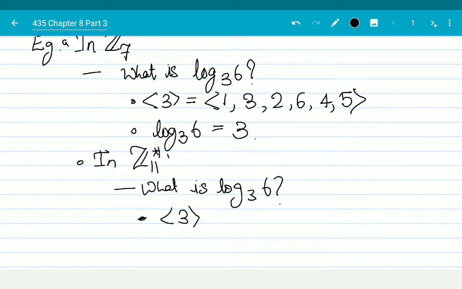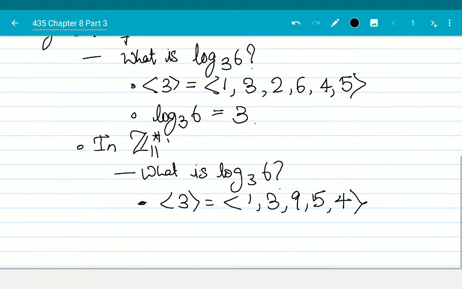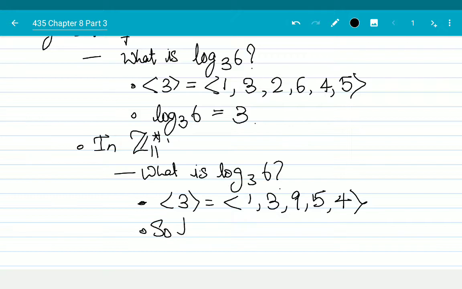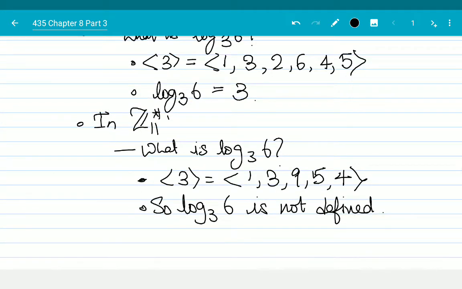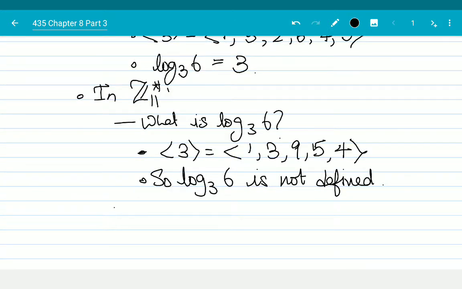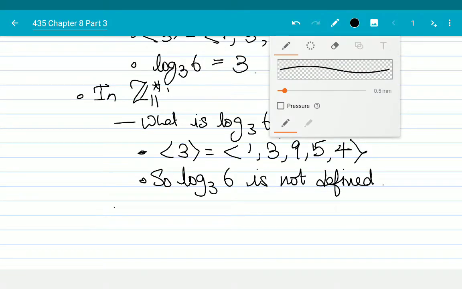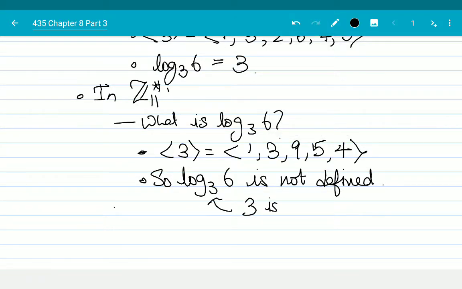As we just saw, 1, 3, 9, 27 so 5, 4, 12 which is 1. So log_3 of 6 is not defined. So this need not always be defined. It's defined only when 3 is a generator. 3 is not a generator.